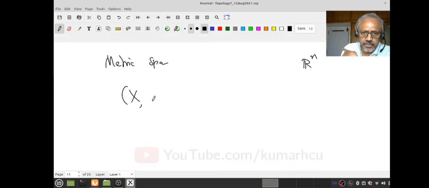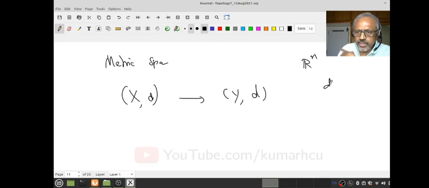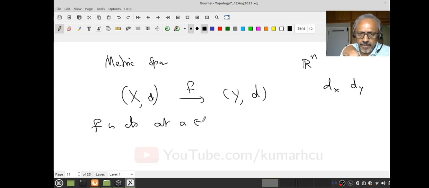Suppose I have 2 metric spaces X and Y with metric d, and remember I do not write dx and dy. Suppose f is a function. I want to know when f is continuous at A. Since I have a metric, I have the metric topology tau x here, and the metric topology tau y there. So the continuity is with respect to these 2 topologies.